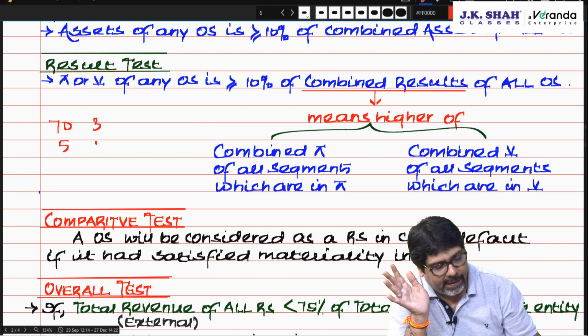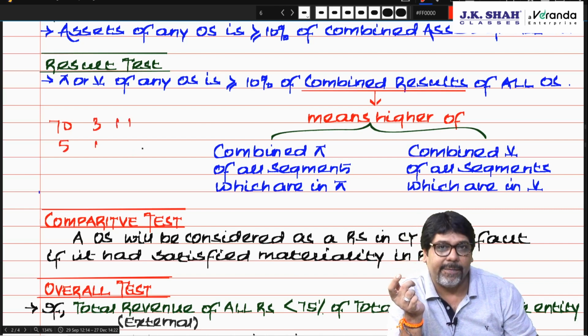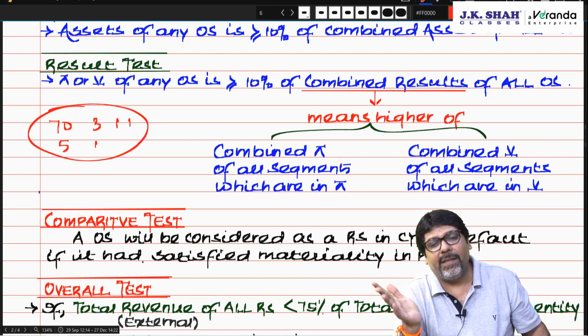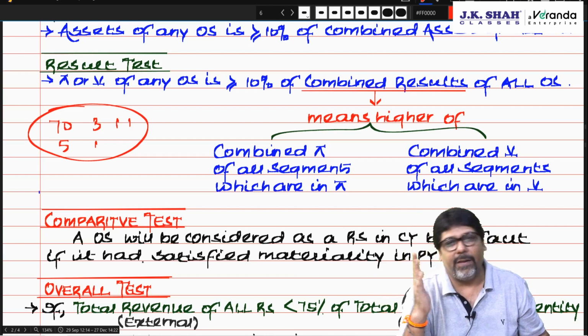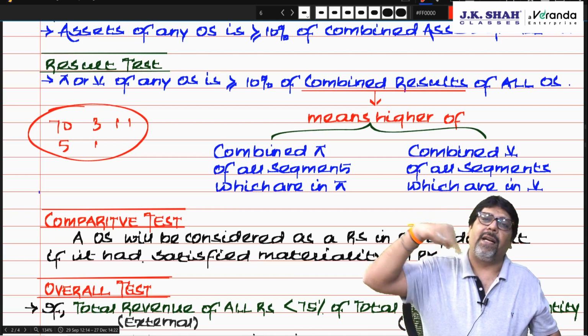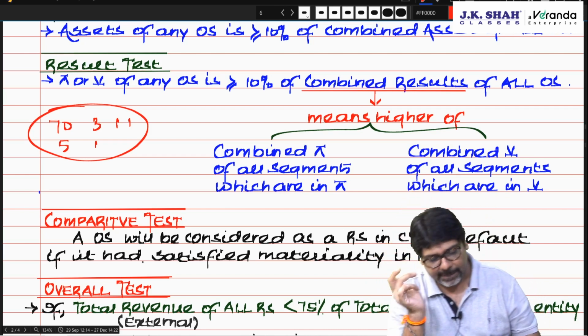Then the 3% one, 1. Now all have 1%, so you will have to take 2 of the 1% ones. Am I clear? You have to make sure that the reportable segments' revenue crosses 75% of the total revenue of the entity. And revenue in overall test means external, but in materiality test it means external plus internal.